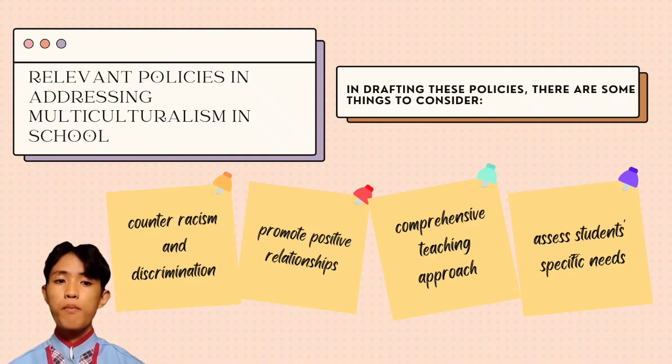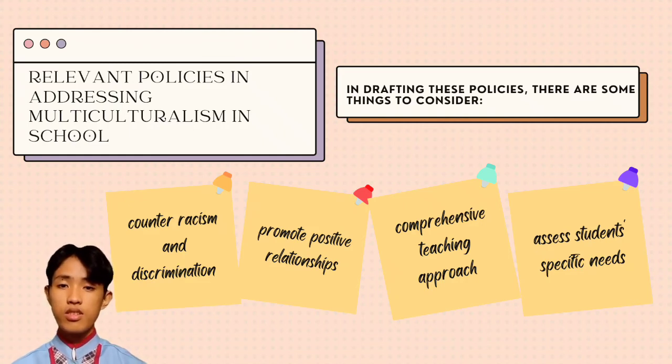Number two, promote positive relationships. Having a positive relationship with other races and ethnicities can be one of the best solutions to avoid cultural issues and appreciate each other instead. Number three, comprehensive teaching approach. To avoid unintentionally stepping into other cultures, it is an option to discuss subjects inclusively.